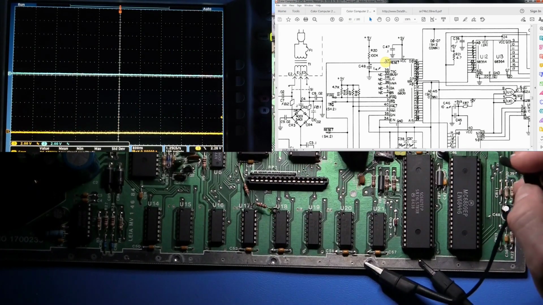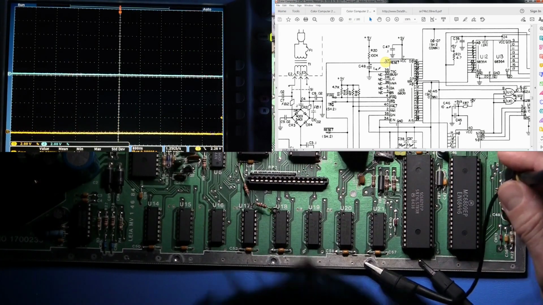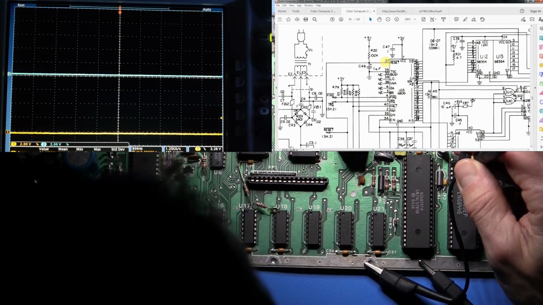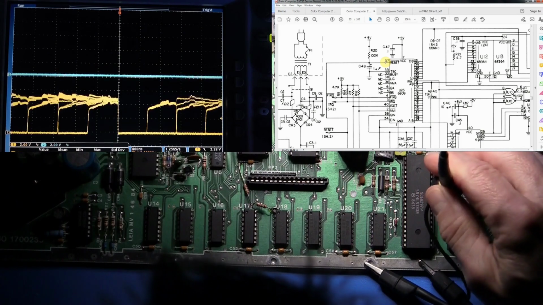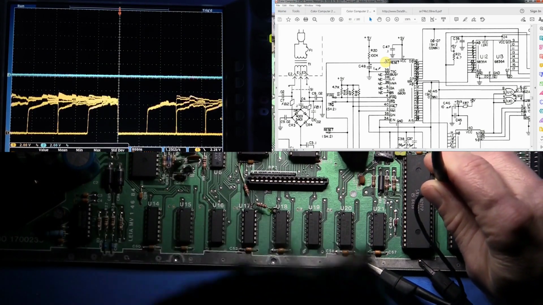And let's scan through this address bus, starting with A0. That's on pin 9. Okay, A0 looking pretty good.